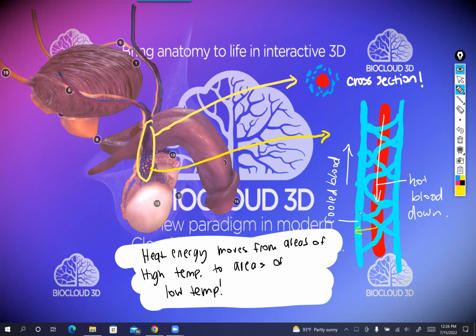I'm saying the heat from the blood, the thermal energy in the blood being carried down the artery, is going to move as it descends through this sort of hallway of cooler vein tubes. The heat is going to move into the cooled blood coming back up from the testis. And what this functions as is a countercurrent, so moving in opposite directions, heat exchanger.